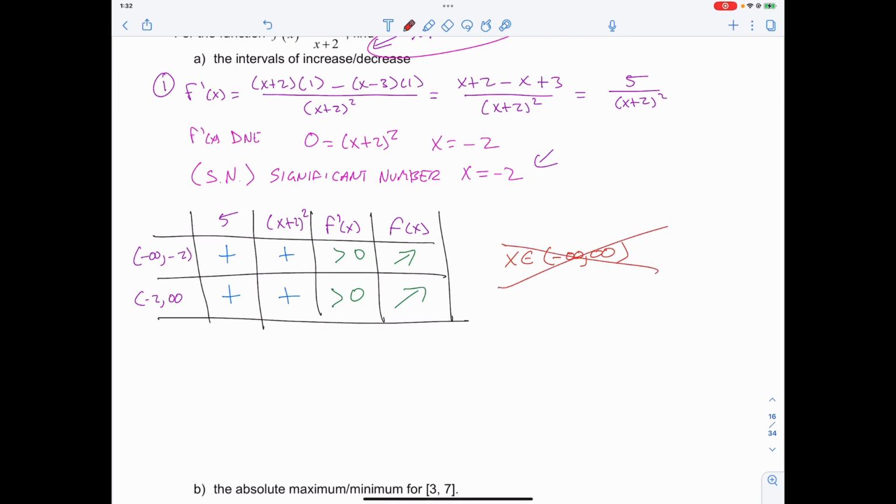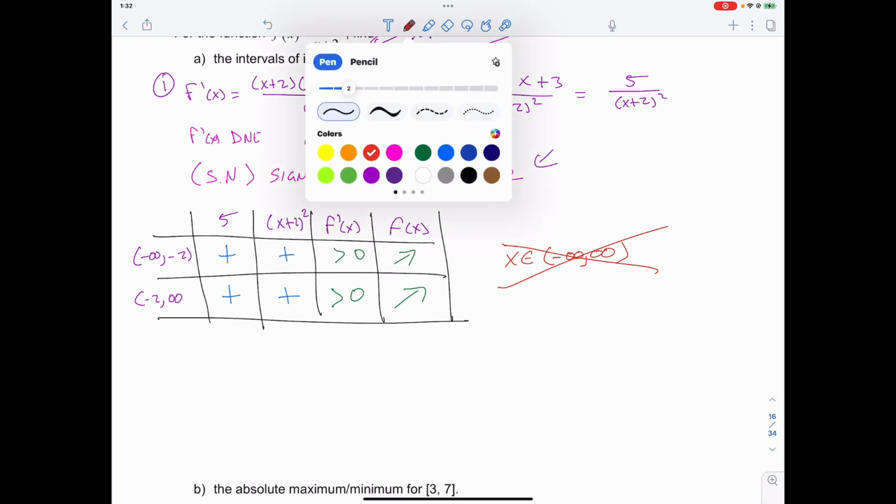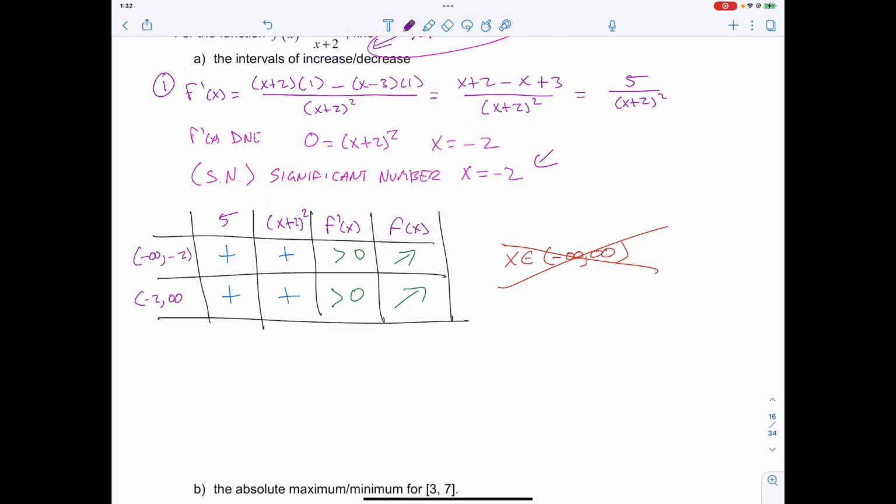But that's wrong. Remember, it can't actually equal x is equal to negative 2, which means that even though in both these regions it is increasing, we'd still need to state that f of x is increasing when x is an element of negative infinity to negative 2, or negative 2 to positive infinity.